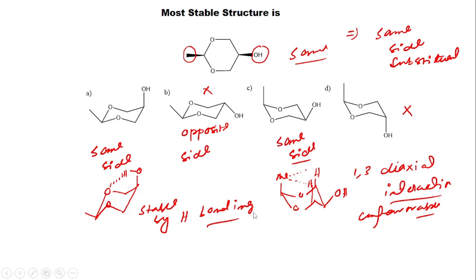So between option C and option A, option A is the correct option. Option A is the most stable structure, because first of all it is stabilized by hydrogen bonding, and second, it does not suffer from the 1,3-diaxial interactions that are present in option C.